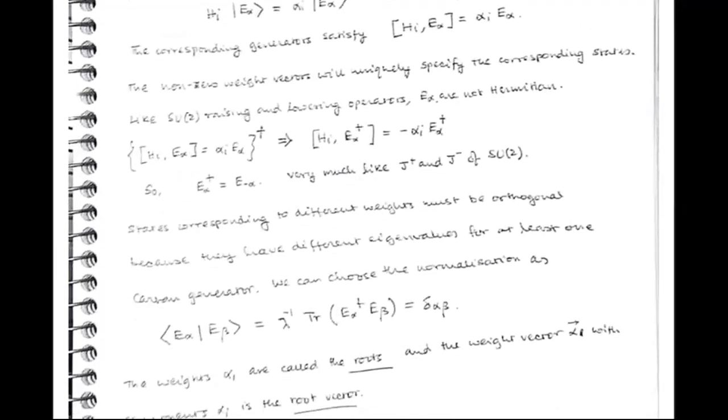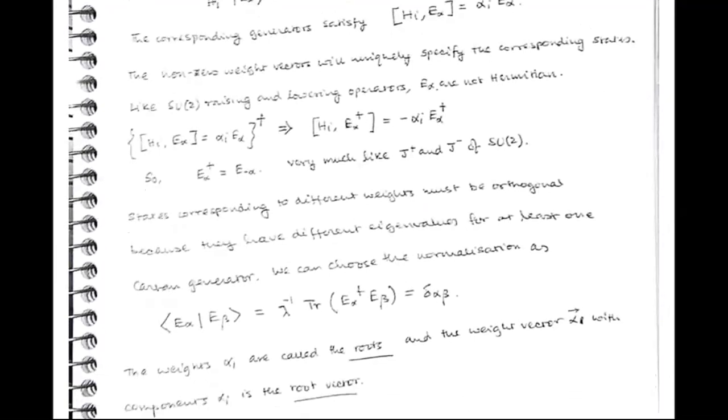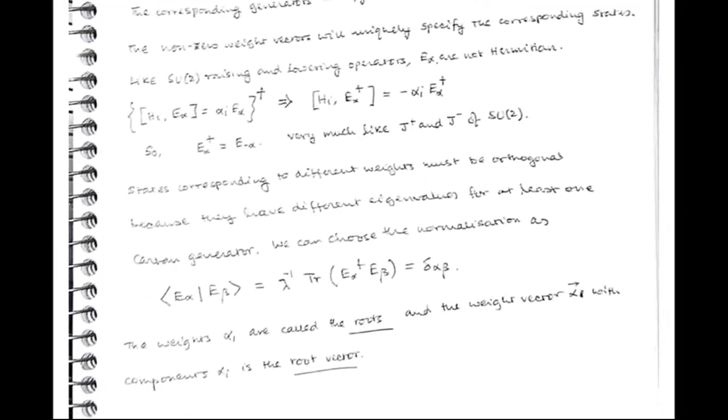What you find is E_alpha dagger is equal to E_minus alpha, and this is very much like the J plus and minus of SU(2). Remember, there are a host of these E_alpha. So again there is a root vector, which is equivalent to this weight vector, but in the adjoint representation.